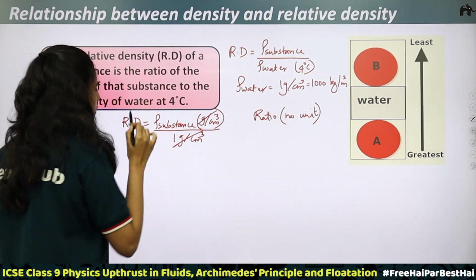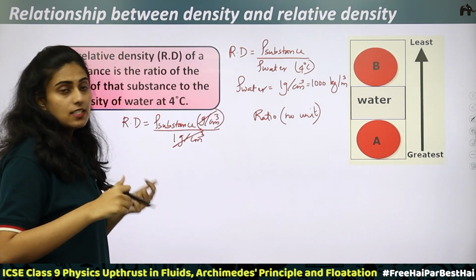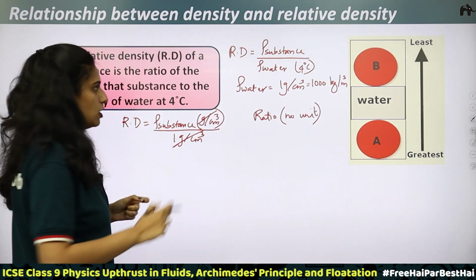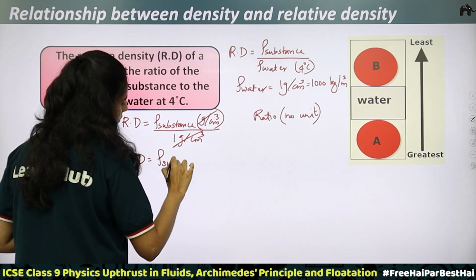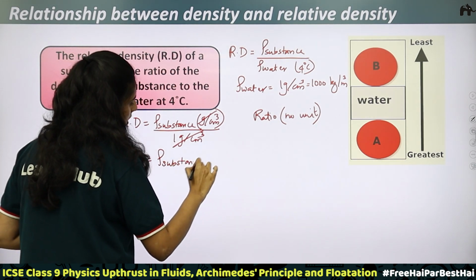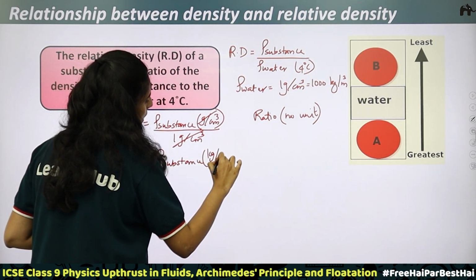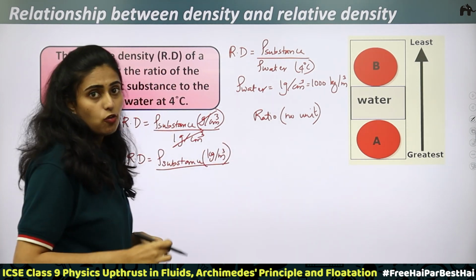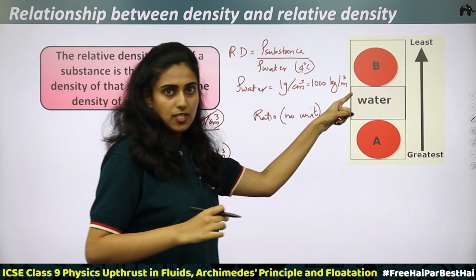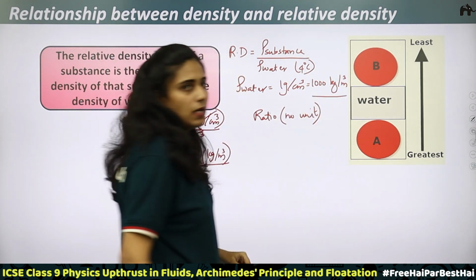Now, if you are taking the densities in kilogram per meter cube, then relative density will be equal to density of the substance in kilogram per meter cube divided by density of water in kilogram per meter cube, which is 1000 kilogram per meter cube.